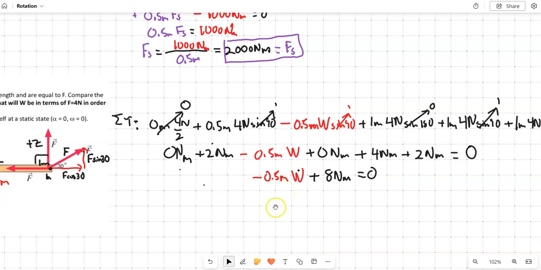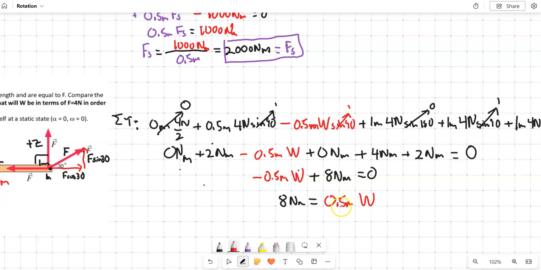And there we go. Now to solve for the weight, I'm going to add this to the other side. So 8 Newton meters stays on the left-hand side of the equation, but the 0.5 meters is now on the other side times the weight force.